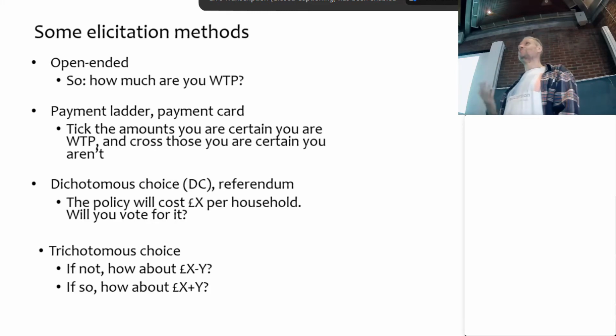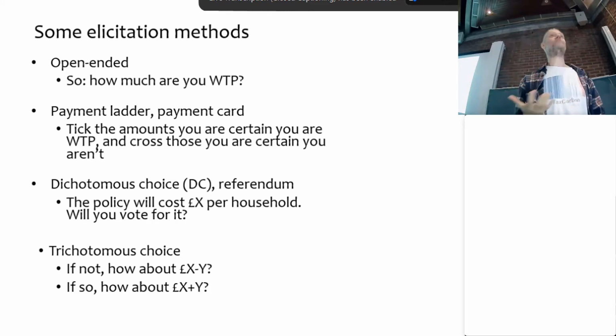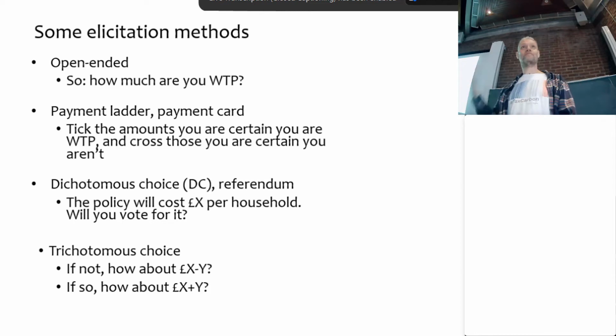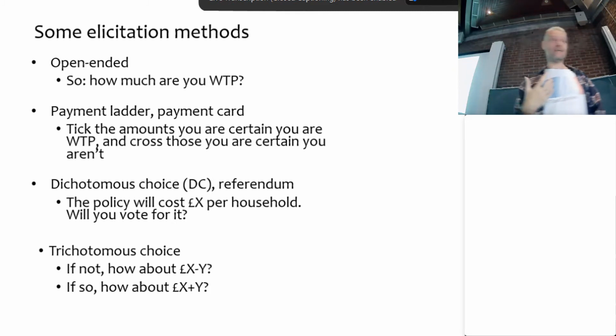A good thing about dichotomous choice is that it's a referendum format. People are very used to answering this sort of question, right? So that takes away a lot of issues. The problem is that you just need loads and loads of data. So people now typically go for trichotomous choice, where the first question is, are you willing to pay 10p per liter of milk?